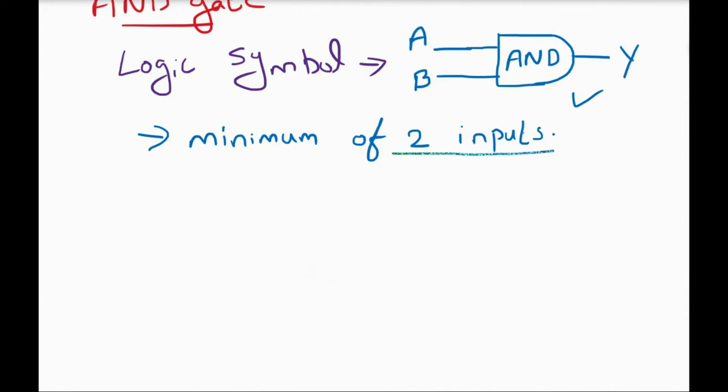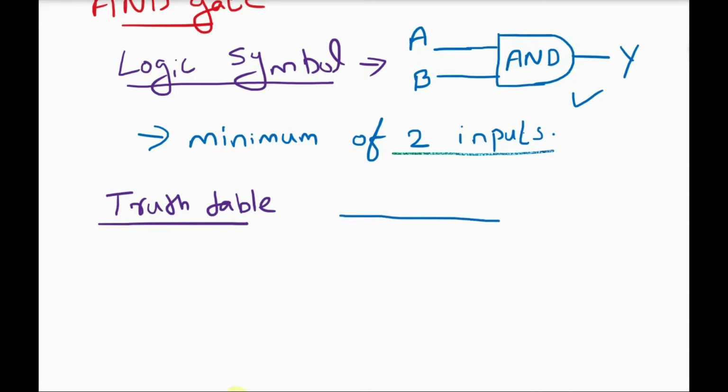The next step is truth table. So first we have drawn the logic symbol. Next one is the truth table. A truth table is a table which shows the relation between inputs and output.